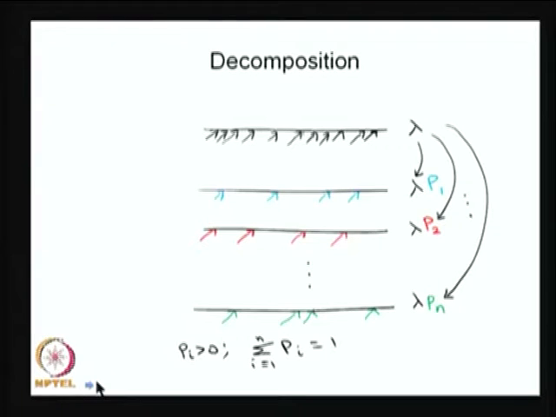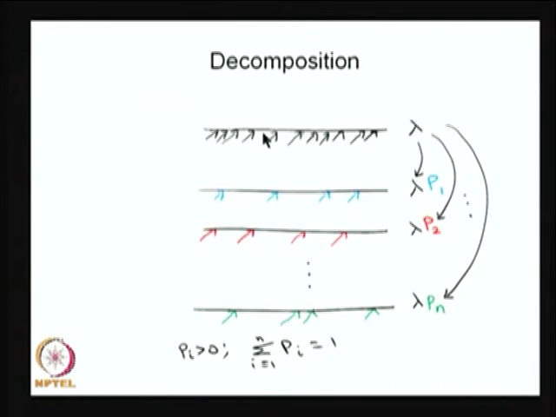The next property, decomposition. Suppose you have one Poisson stream, you can decompose it into many Poisson streams with some proportions. Those proportions are P1, P2 and Pn.